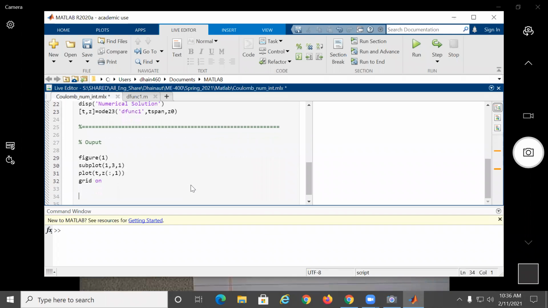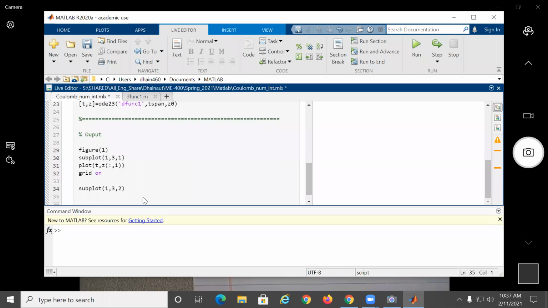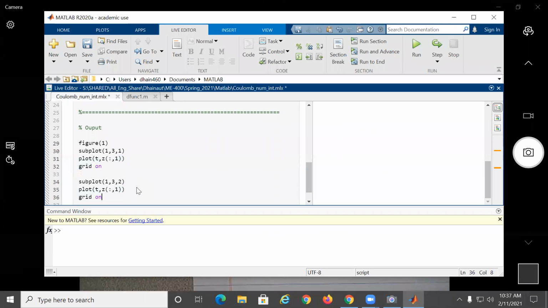Now, subplot 1, 3, 2. Can do copy paste here because it's pretty good. The same thing. Z2.